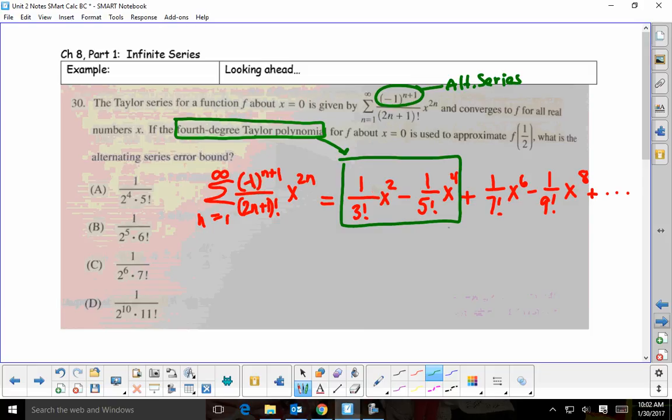They are saying that it's about 0 and that's where it's centered. We'll talk more about that too. They're saying that this 4th degree Taylor polynomial is used to approximate f of 1/2. So f of 1/2 is approximately 1 over 3 factorial times 1/2 squared minus 1 over 5 factorial times 1/2 to the 4th. That's what they're saying.